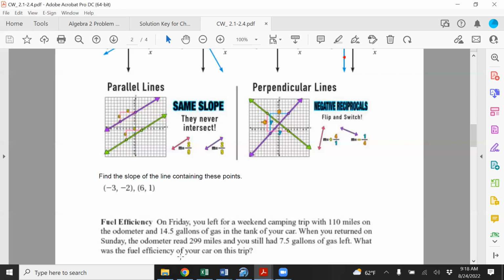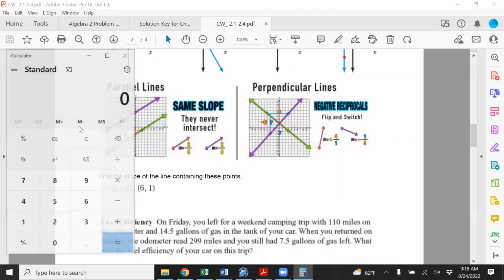A little different thing. But in this case, you're doing 299 minus 110, or 14.5 minus 7.5, or 189 over 7. Which I don't know what that is. What is 189 over 7? 189 divided by 7.